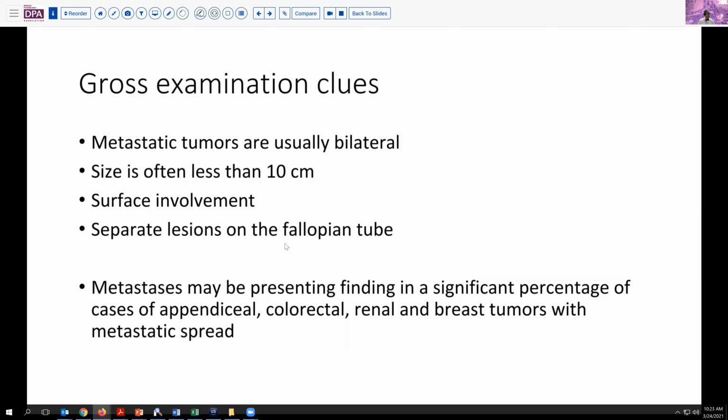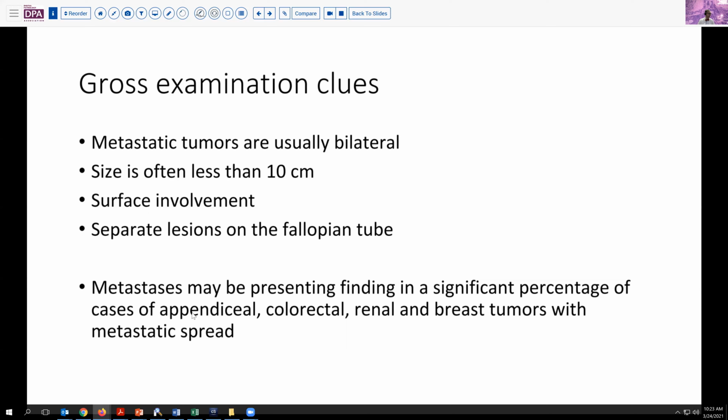However, it's also important to remember that there are a number of cases and a number of syndromes where the primary presentation of a tumor is in a metastatic stage involving the ovary.